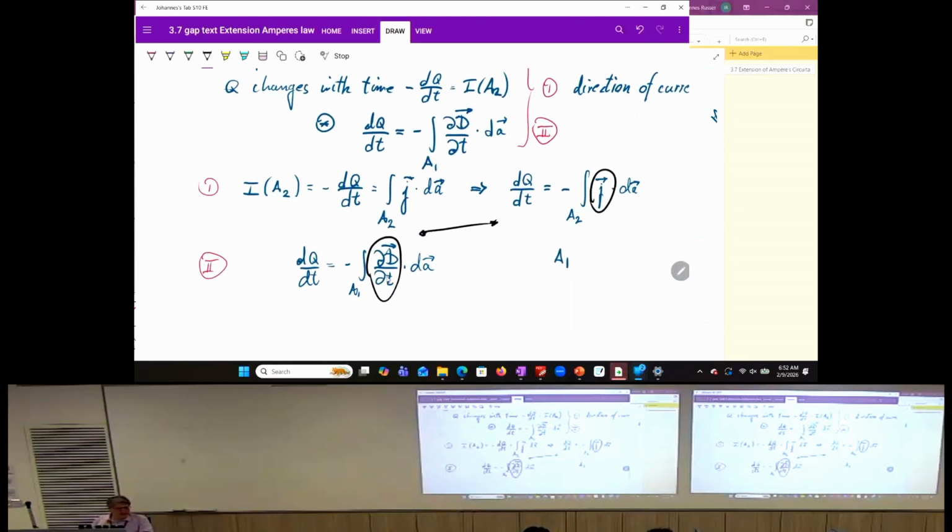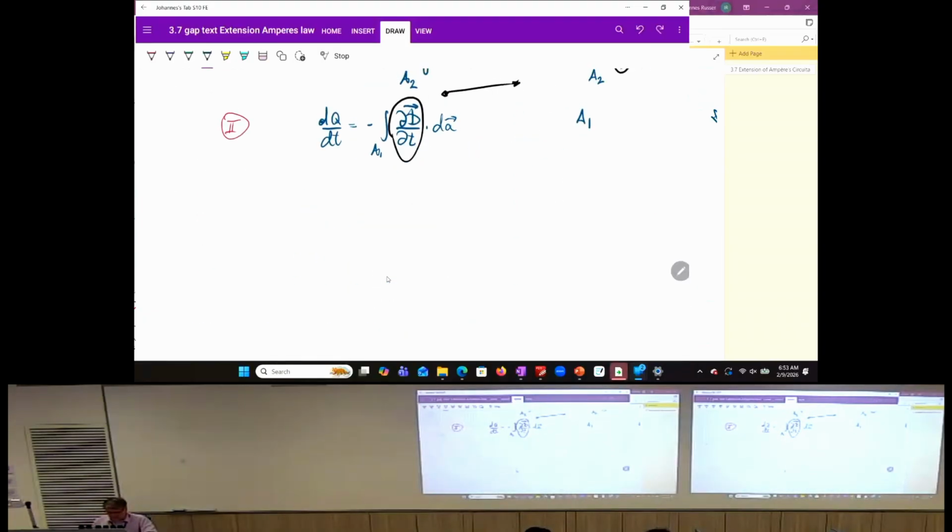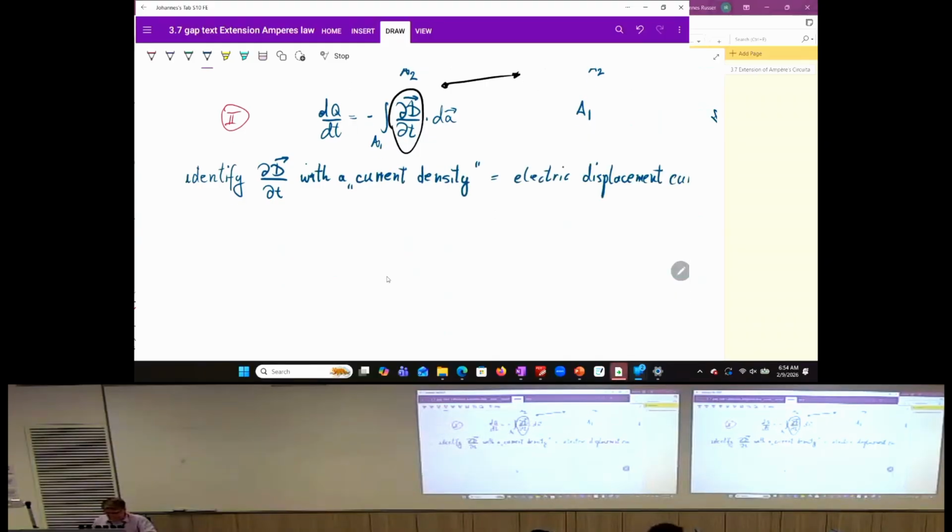And in that way, you can think of identifying this temporal change of the flux density as a current density. So you can identify the temporal change of flux density with a current density, and that is called the electric displacement current. And if we go to Ampere's circuital law, we can now make a correction.